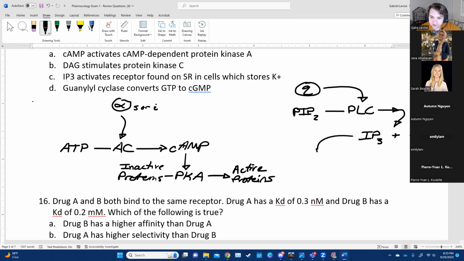IP3 will go to the sarcoplasmic reticulum, which I think two weeks ago or last week I said endoplasmic reticulum. It was wrong.